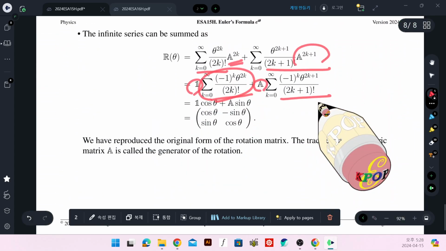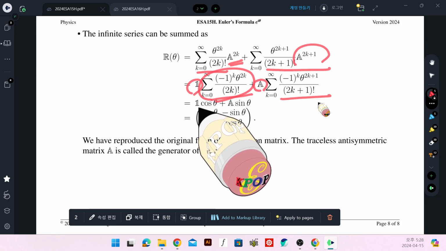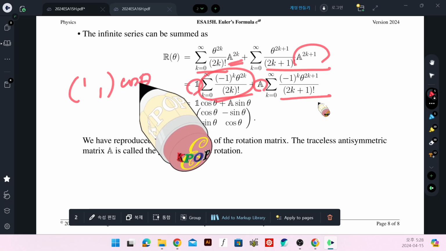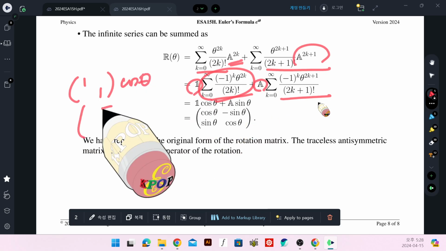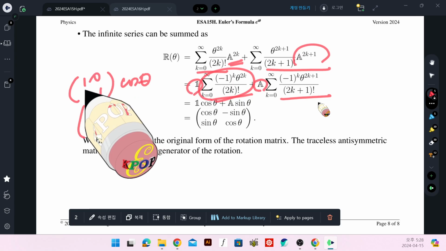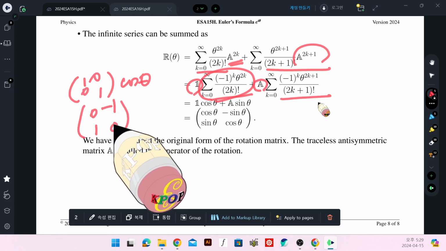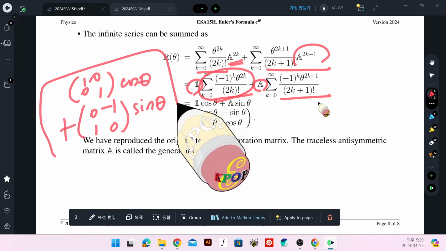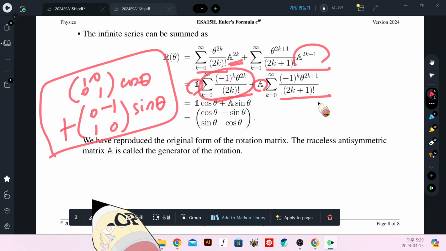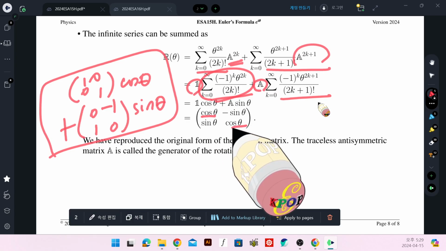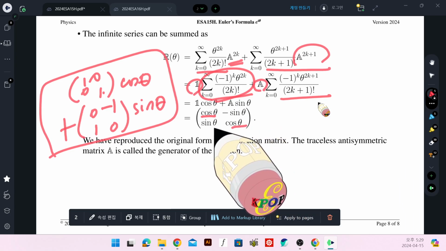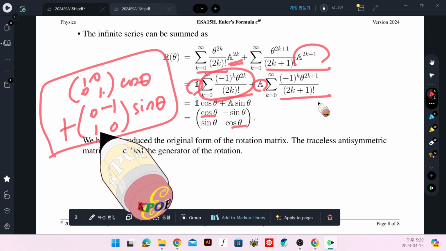Finally, this one is the identity matrix multiplied by cosine, plus the matrix A multiplied by sine theta. And we need to sum them all. The result is cosine in the diagonal component, and minus sine and sine for the off-diagonal component.